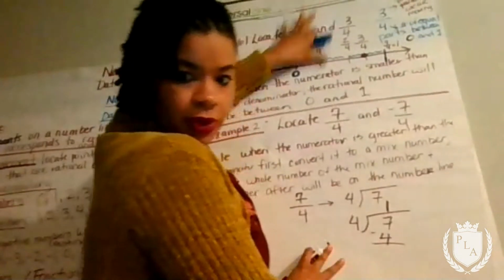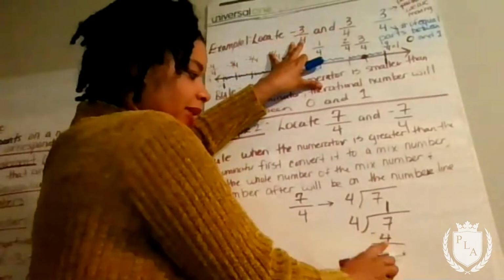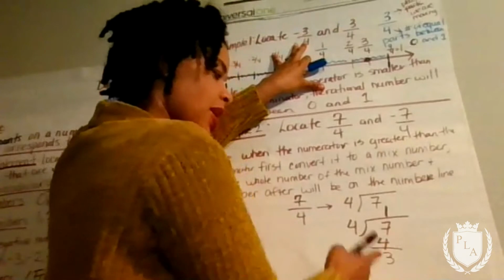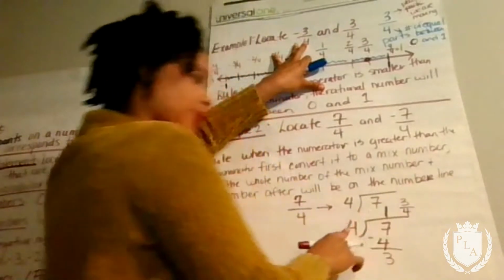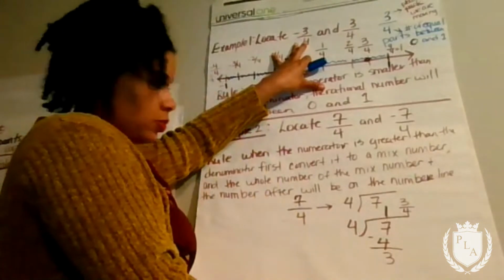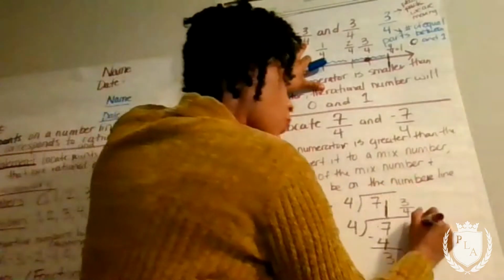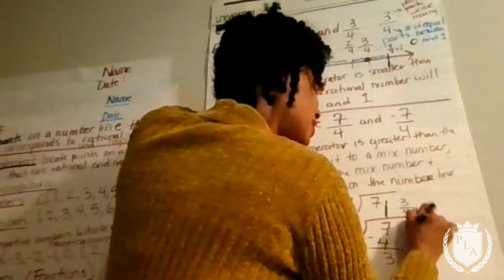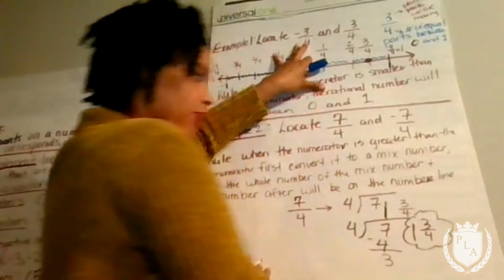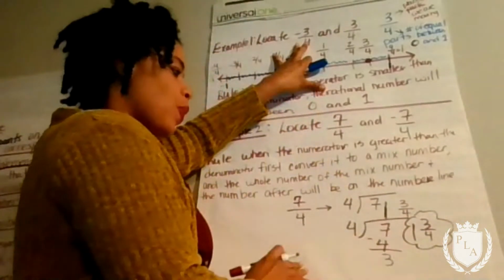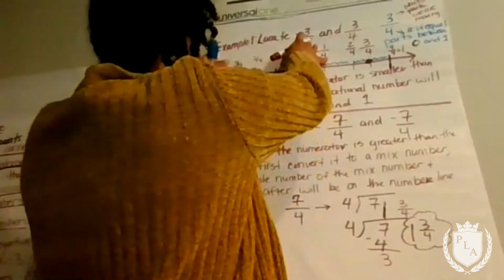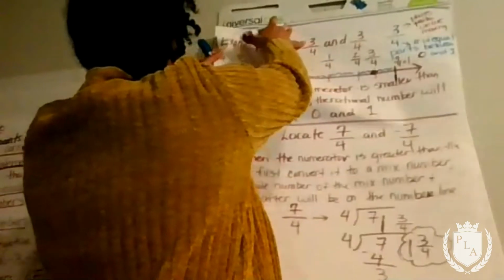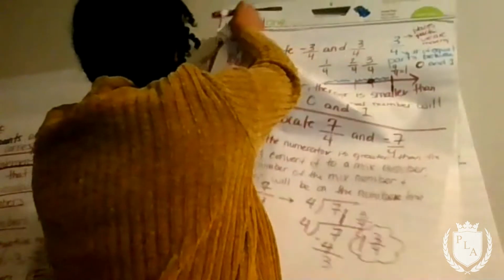And we got to subtract, we get 3. So we're going to take our remainder and put it over the denominator. Okay. So we got 1 3/4. This is our mixed number. Okay. So on our number line, I'm going to go to another sheet real quick. 1 3/4.